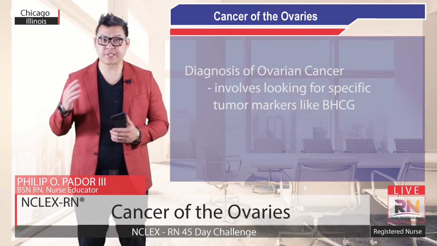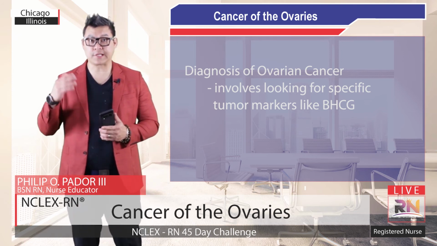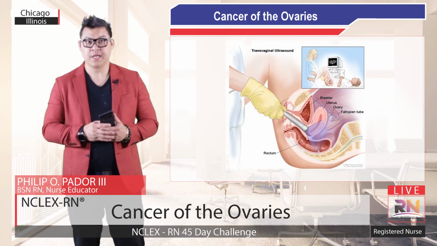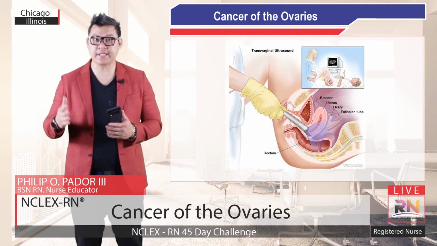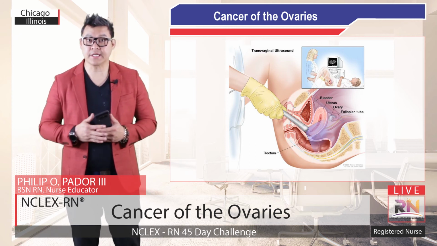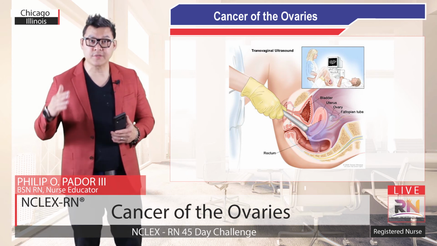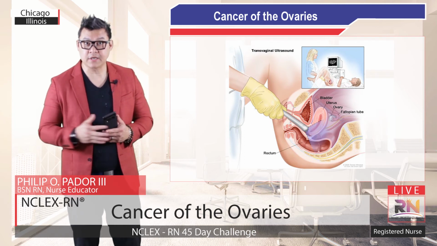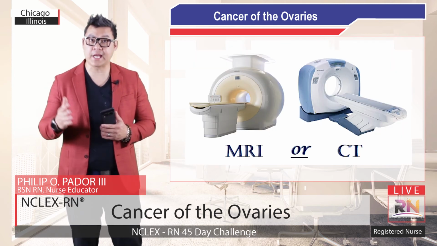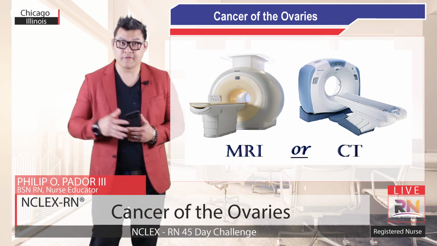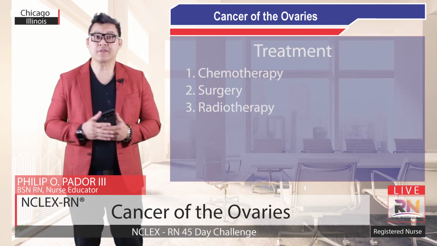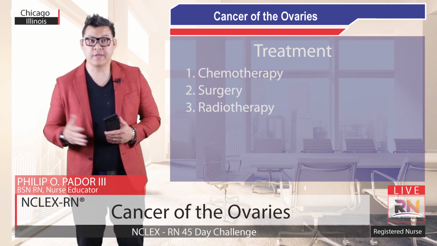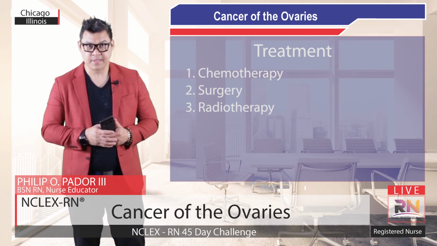Diagnosis of ovarian cancer typically involves looking for specific tumor markers like beta-hCG, as well as having a transvaginal ultrasound. Tumor biopsies are done to figure out whether a growth is benign or malignant. Imaging with a CT or MRI scan can be done to look for evidence of metastasis. Treatment of ovarian cancer typically involves chemotherapy, surgery, and sometimes radiotherapy.